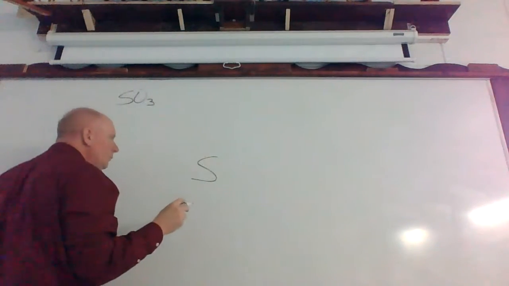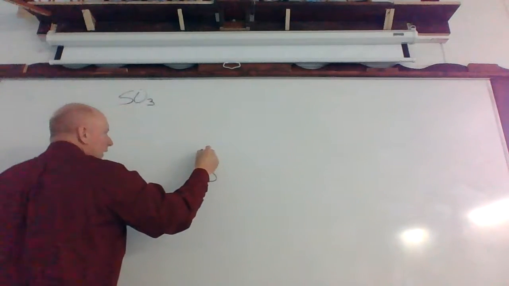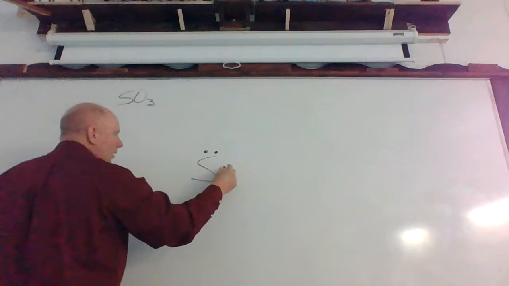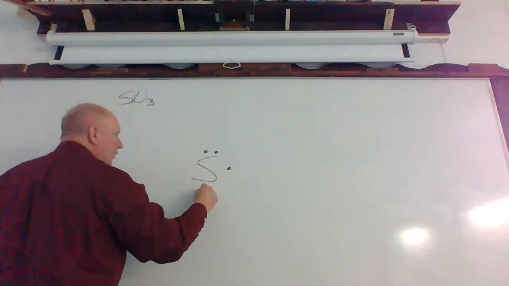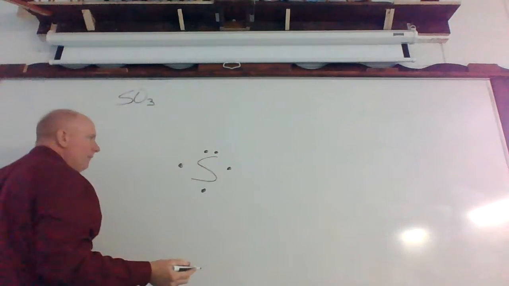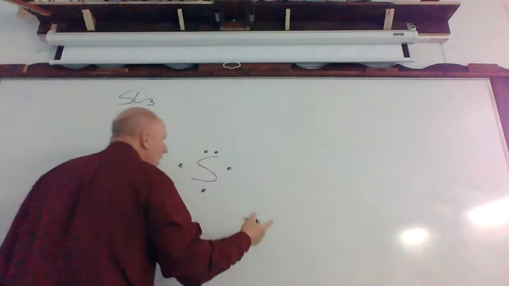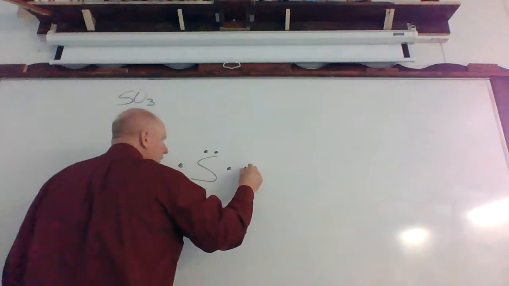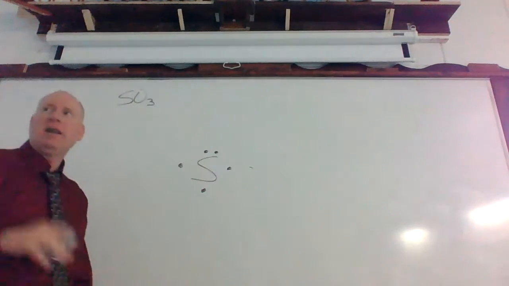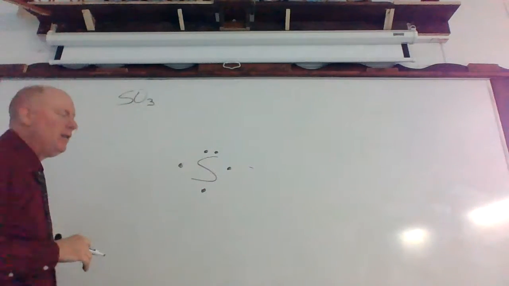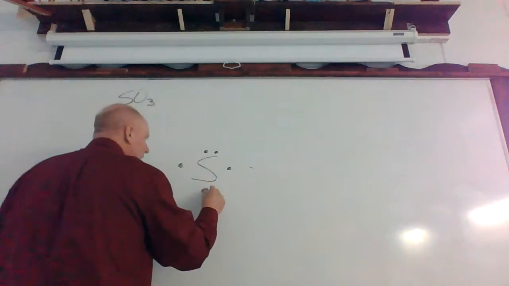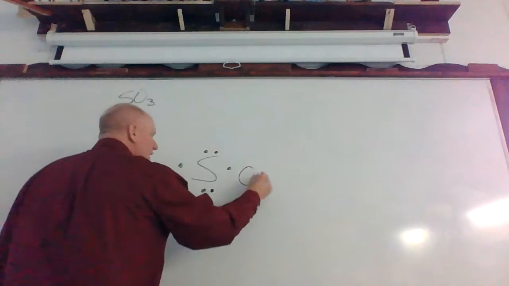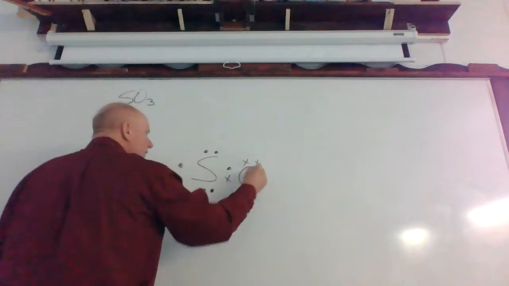So let's try 1, 2, then you might go 3, 4, 5, okay? So now we can go ahead and attach these oxygens on here. Oh, yeah, I was seeing if anybody was paying attention. Sulfur actually has 6. So if we try that, then we put an oxygen here with a single bond.